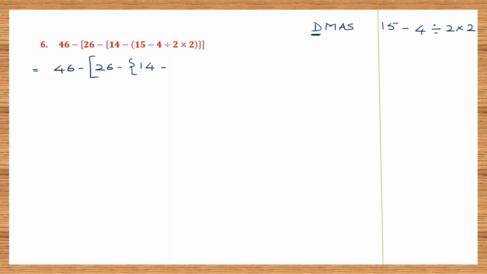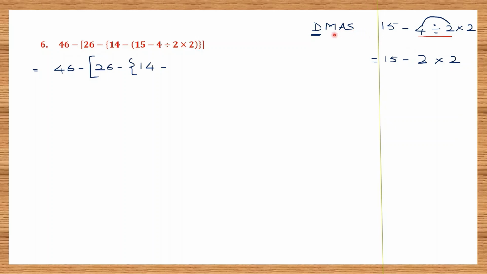That means I have to do this part first. So let's do that. So that will be 15 minus 4 divided by 2. 2 2s are 4. So I can write 2 here and write the remaining into 2. So now what do we have? We have subtraction and multiplication. Subtraction, multiplication. Go back to BODMAS.